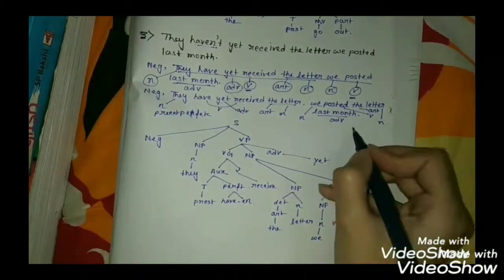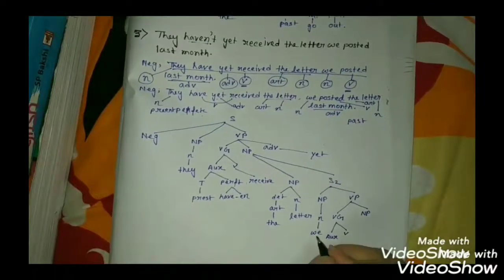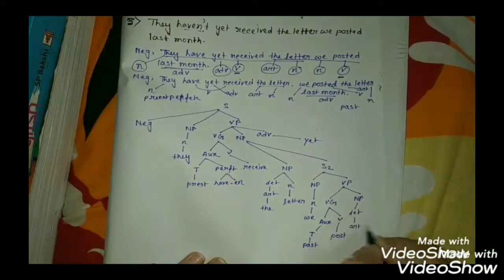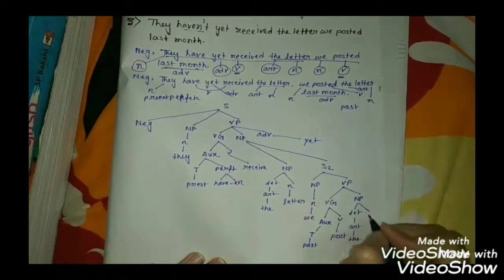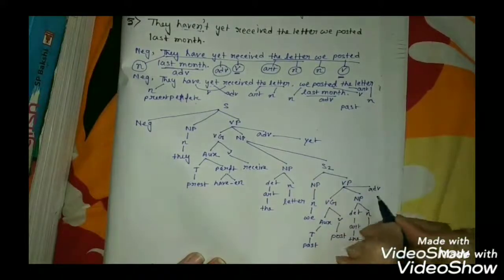So we can see the tense is past tense. So auxiliary, verb, tense, past, verb is post, and then the letter will be NP. So article is the, N is letter, last month will be adverb.